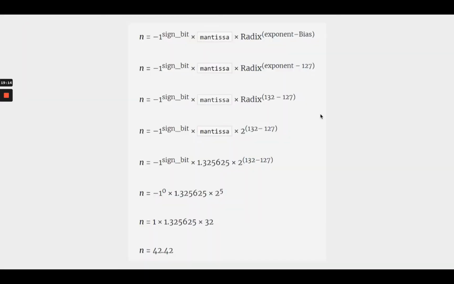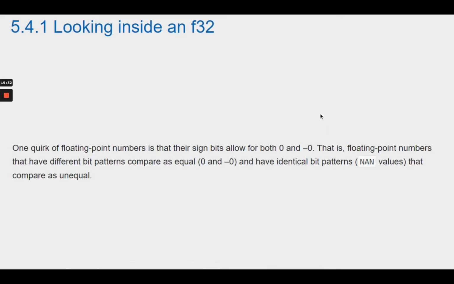The following equation decodes the fields of a floating point number into a single number. Variables from the standard, radix, bias, appear in title case. Variables from the bit pattern, sign_bit, mantissa, exponent, occur as lowercase and monospace.